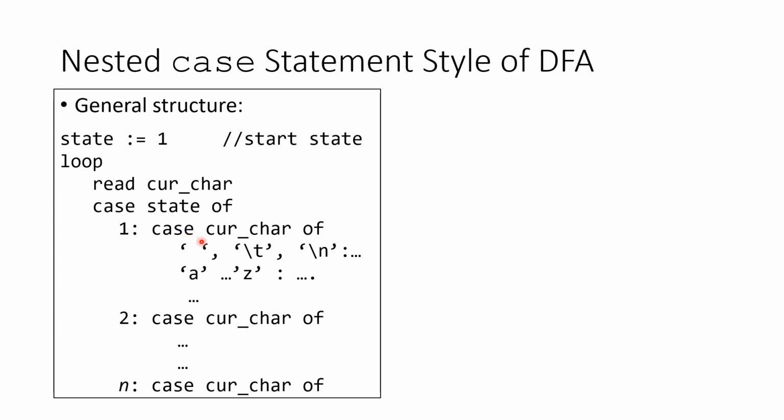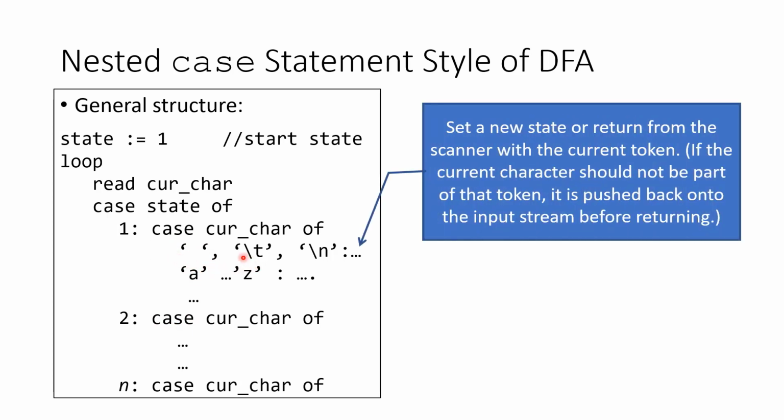The inner case statements cover the transitions out of each state. Most inner clauses simply set a new state, and some return from the scanner with the current token. Note that if the current character should not be part of that token, then it is pushed back onto the input stream before returning.